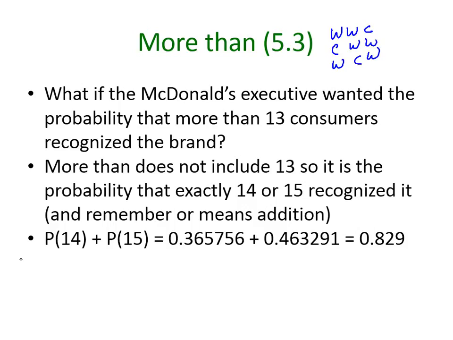The probability that we had, that first one was 0.128, for wrong, wrong, correct. Well, the probability of getting correct, wrong, wrong would also be what? And wrong, correct, wrong would also be 0.128.